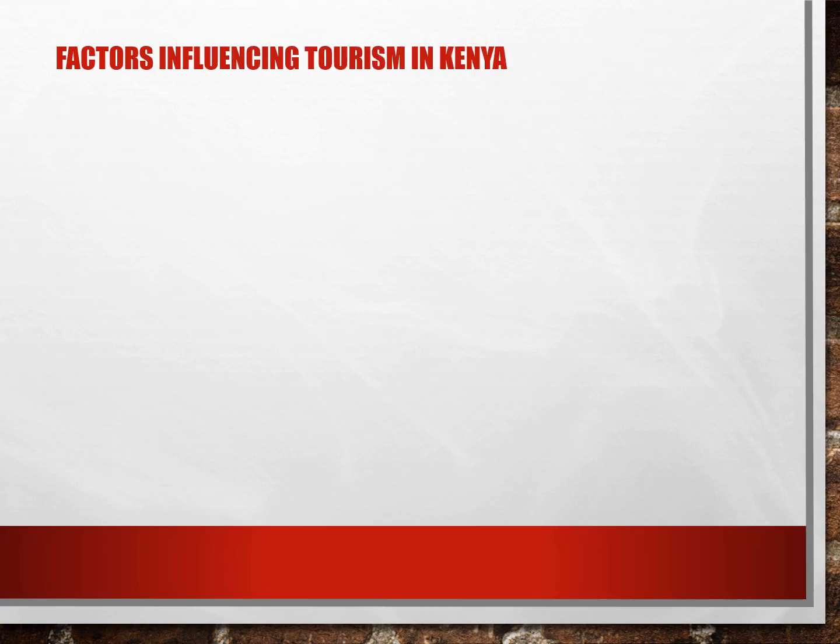Briefly, let us look at the factors that influence tourism in Kenya. We have both physical and human factors. In most of these topics in Form 4 work, these days the examiners are very specific. So you'll find that they specifically ask for physical or the human factors.